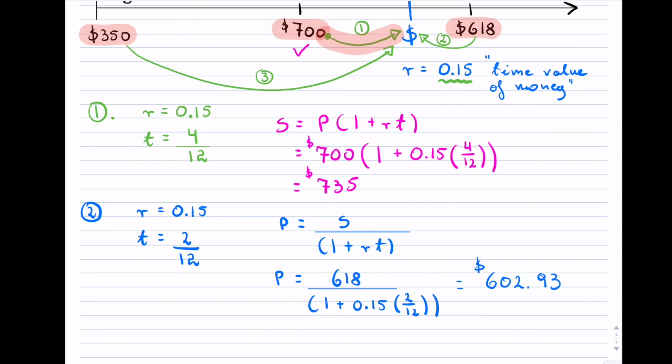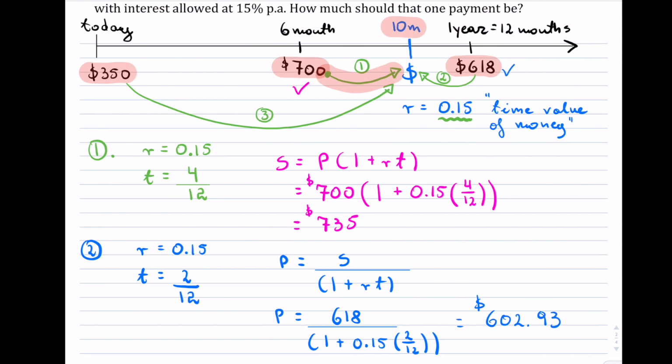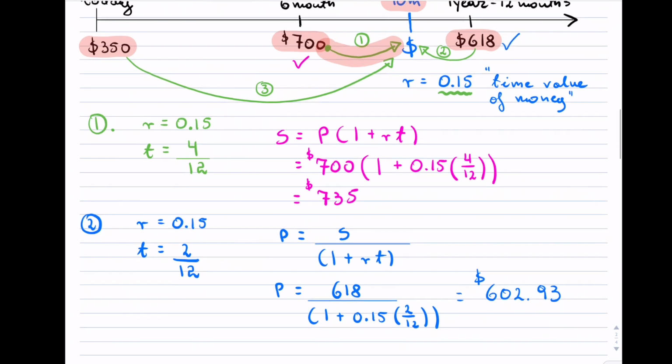So now that takes care of this. That means that $618 at 12 months is equivalent to $602.93 at 10 months at this interest of 15%. Those two values are equivalent.